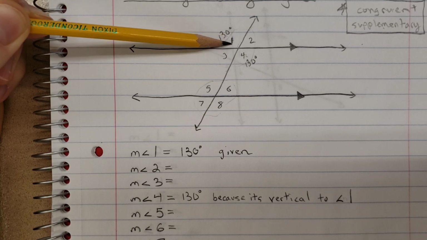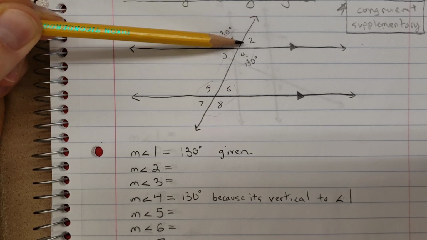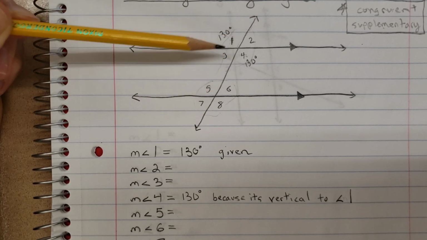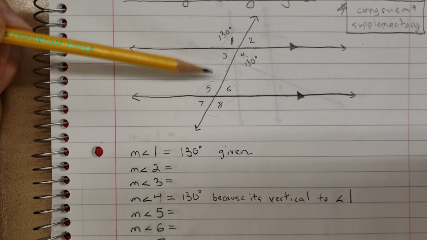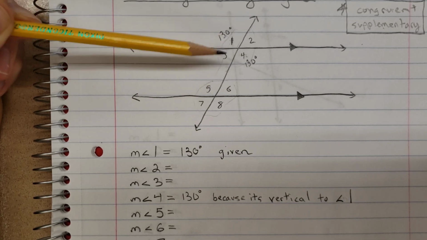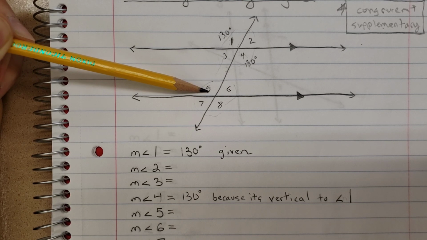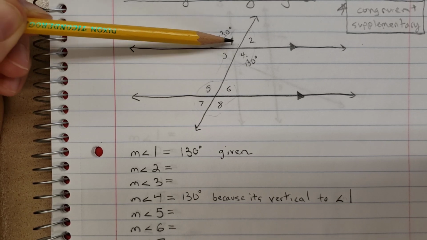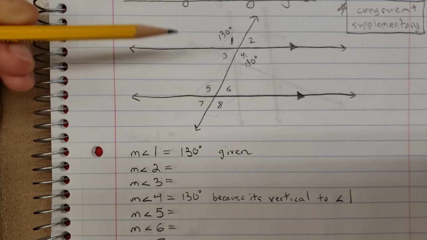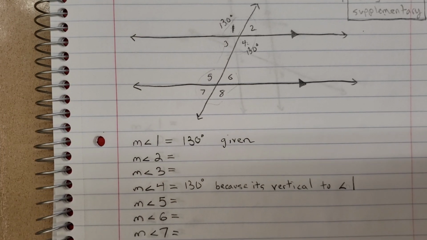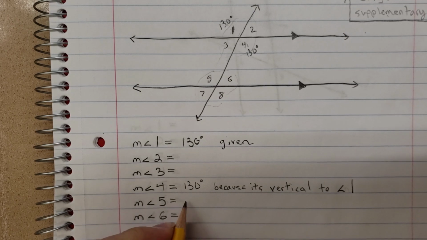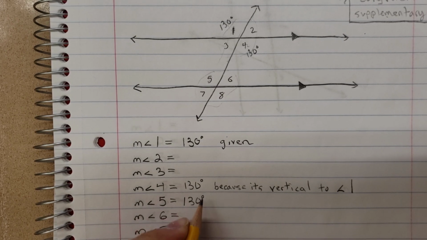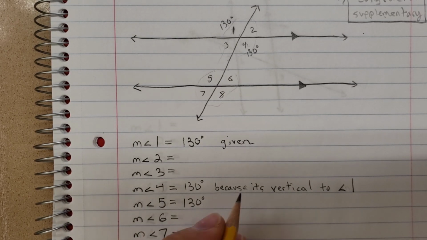You just slide down this transversal, slide the pie down, and what is the matching part? Since angle 1 and angle 5 are corresponding angles, we know all corresponding angles are congruent. So those two are the same. So angle 5 is going to be 130 degrees as well. And why?